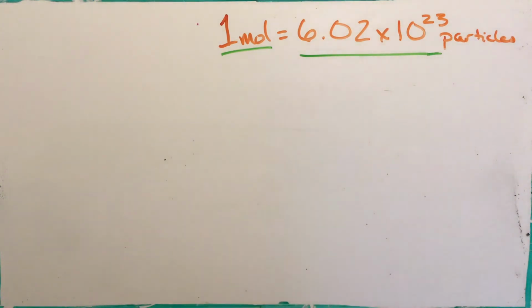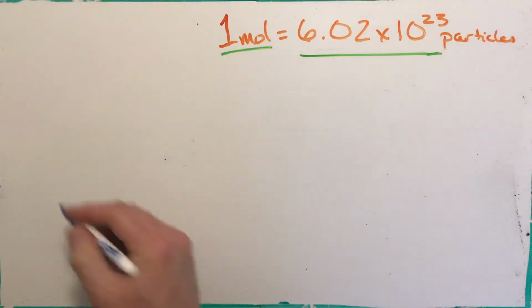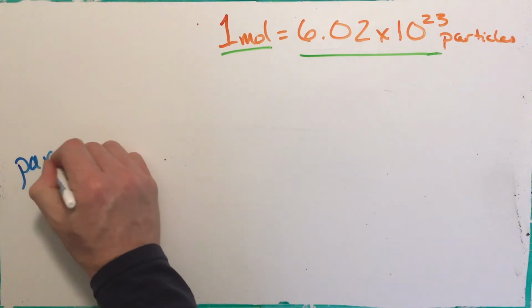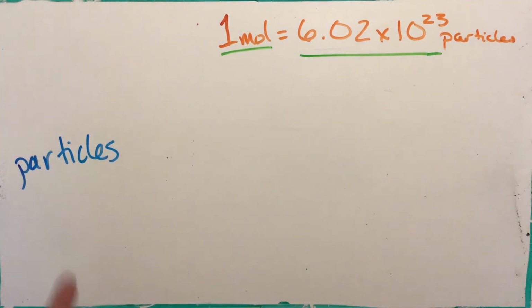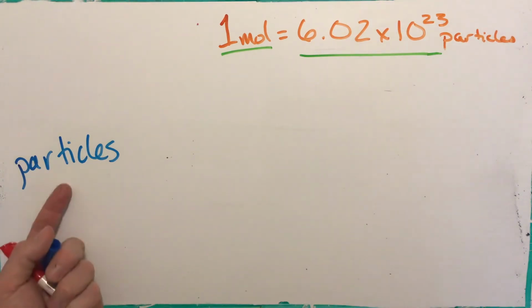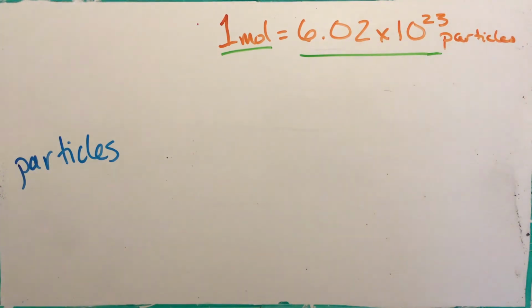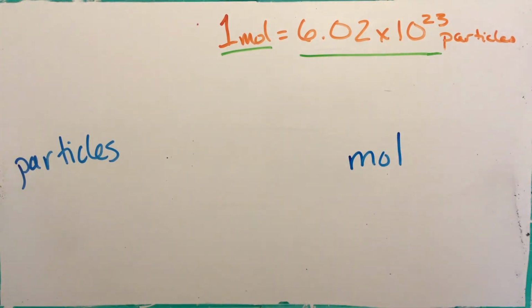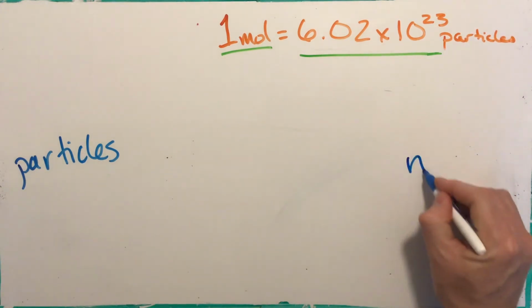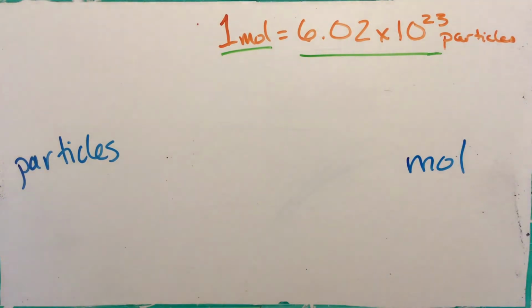So now our individual things aren't eggs, they're particles. This is like our eggs, our individual things. We know it's going to be an atom in one instance or a molecule in another, but we'll say particles. And just like dozen is a word that means a specific amount, mole means a specific amount, right? I'm going to stretch that out a little bit because I know my conversion factor is going to be a little bit bigger. So there's moles.